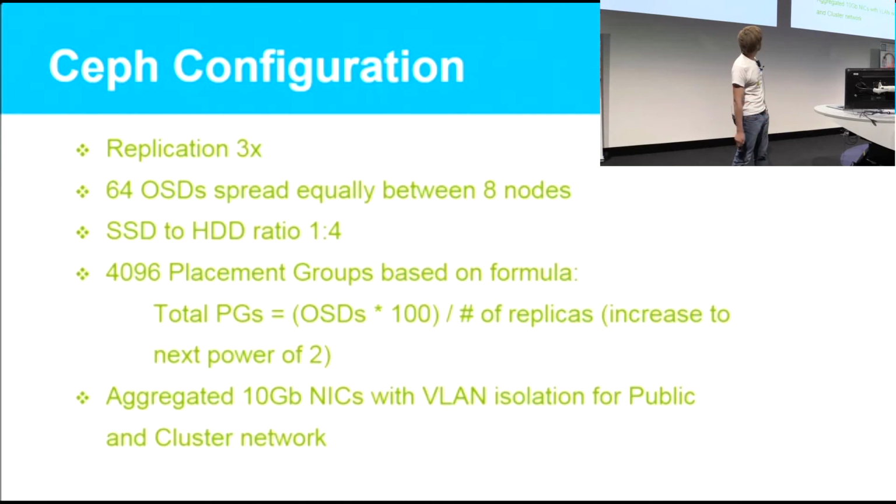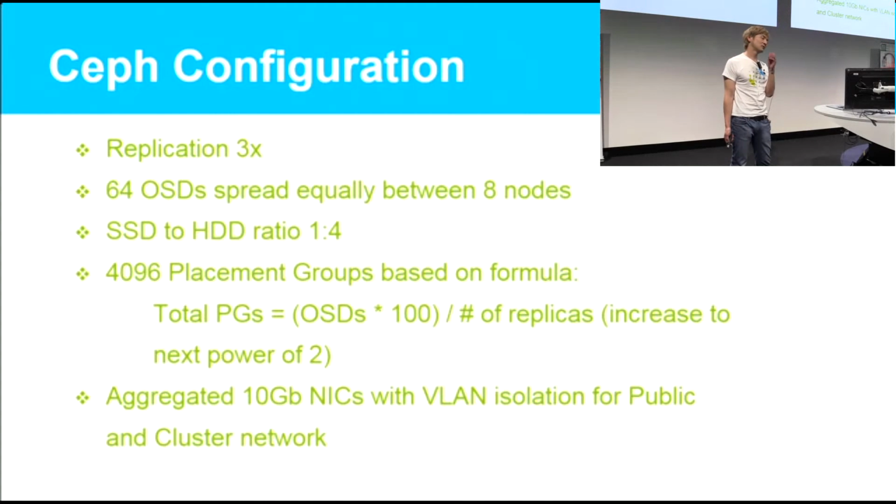And for the Ceph configuration, the replication factor is 3, with 64 OSDs spread equally between 8 nodes, and the SSD to hard disk drive ratio is 1:4. If I understand correctly, that's not really typical; I guess typical is 1:5, but we used 1:4.